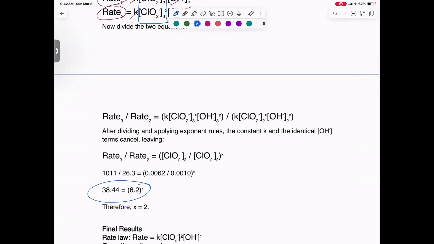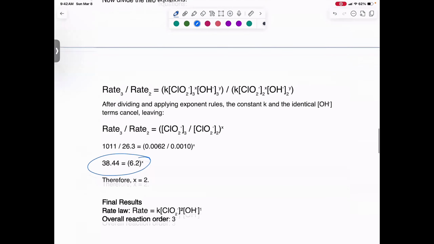We know 6 squared is 36, so it stands to reason that 6.2 squared would be just a little bit above that. So the final results are we have an exponent of 2 on the chlorite. Wait, yeah, that is chlorite. Sorry, it's a little bit early on a Sunday morning. And then we know our exponent for OH minus is 1.